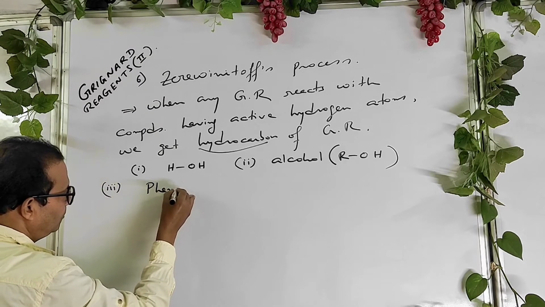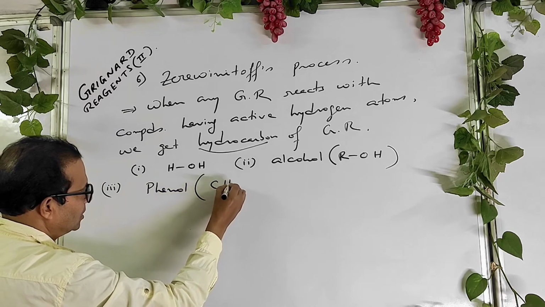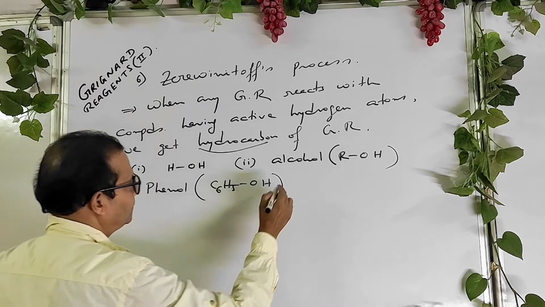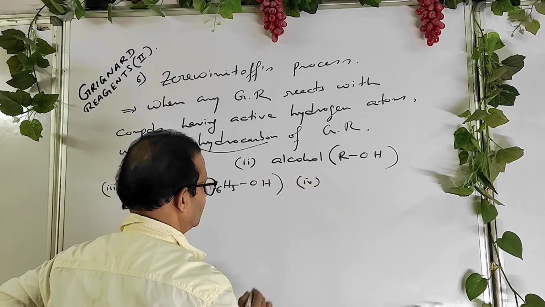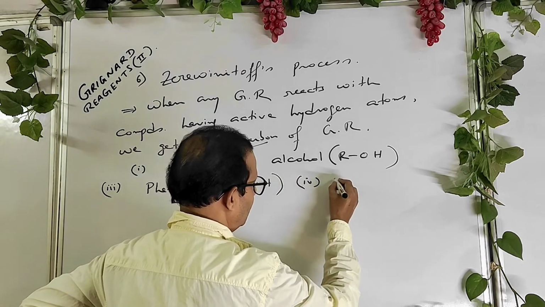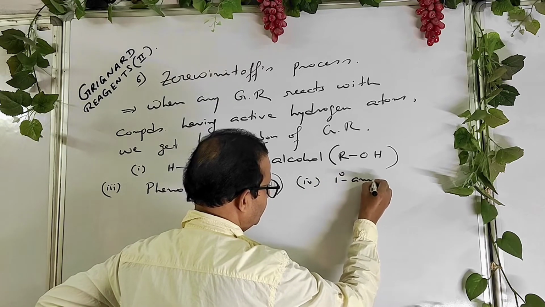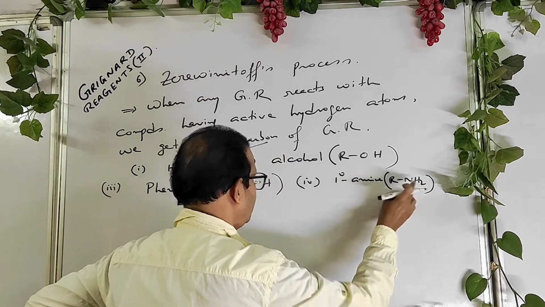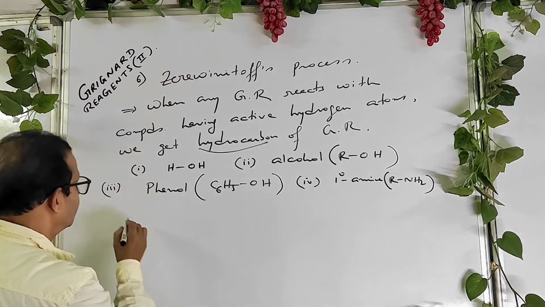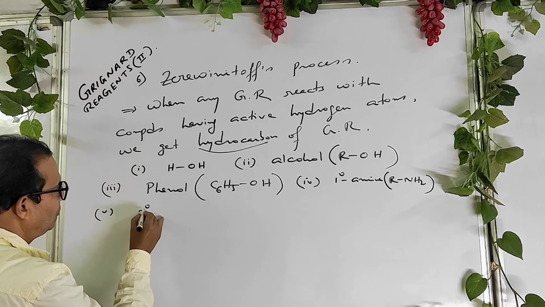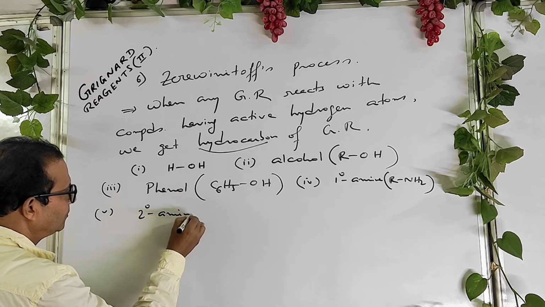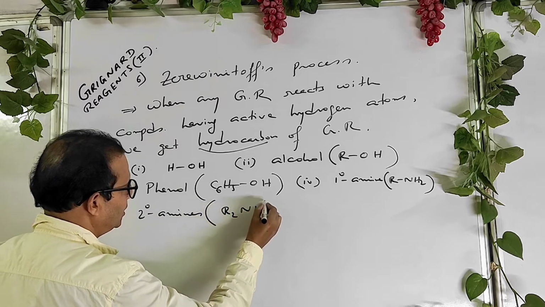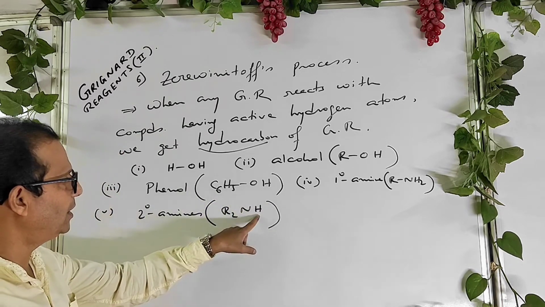Phenol, C6H5OH, this is active hydrogen. 1-degree amine, RNH2, contains 2 active hydrogens. 2-degree amines, R2NH, contain 1 active hydrogen.